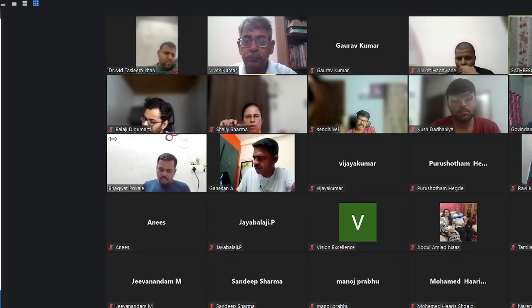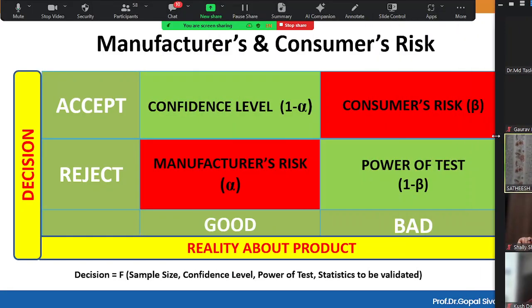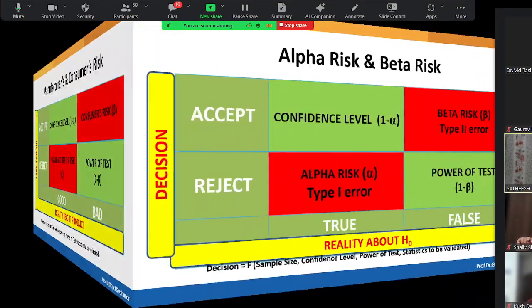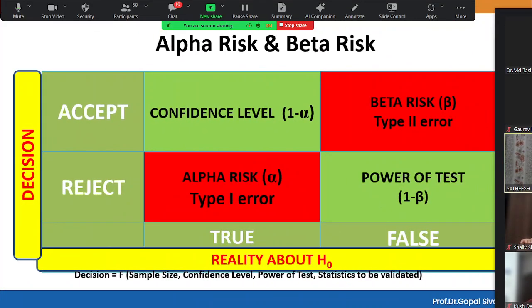Now, the same concept can be further taken for hypothesis testing also. What is the reality about the null hypothesis? Please note that the null hypothesis is the manufacturer's original belief, the organization's original belief. That's what I told you.